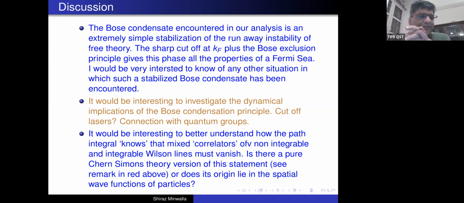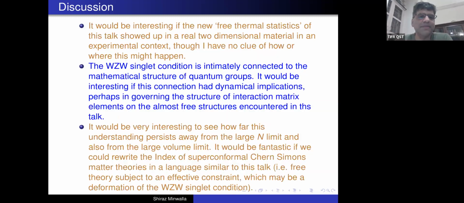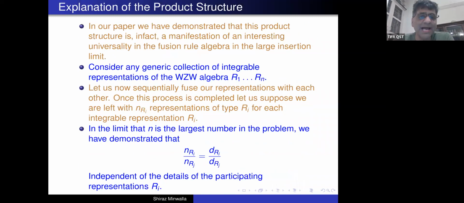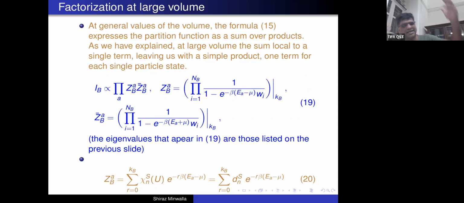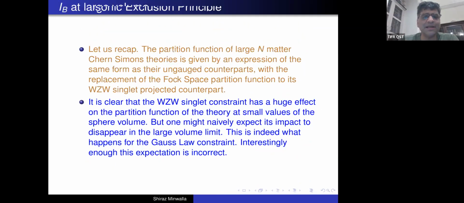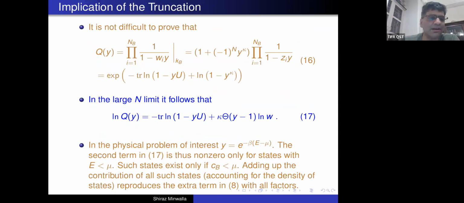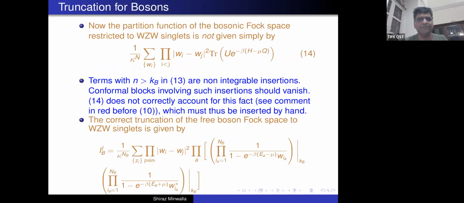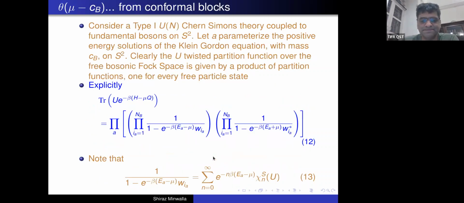However, what makes this really confusing is that in all our ways of solving these theories, we perform an integral over holonomies. And the answer that we get involves an integral over holonomies with this modified Haar measure and this additional piece.